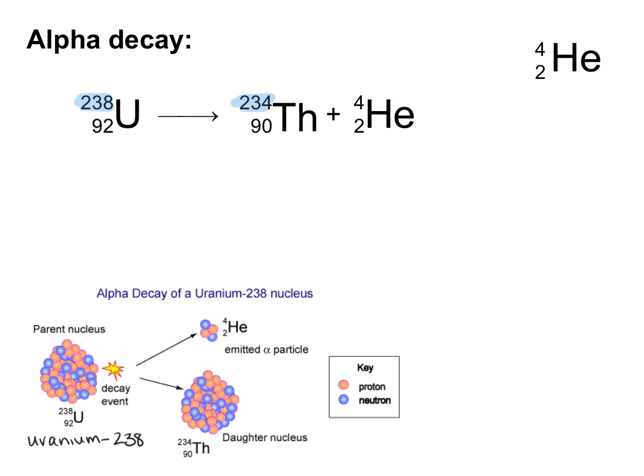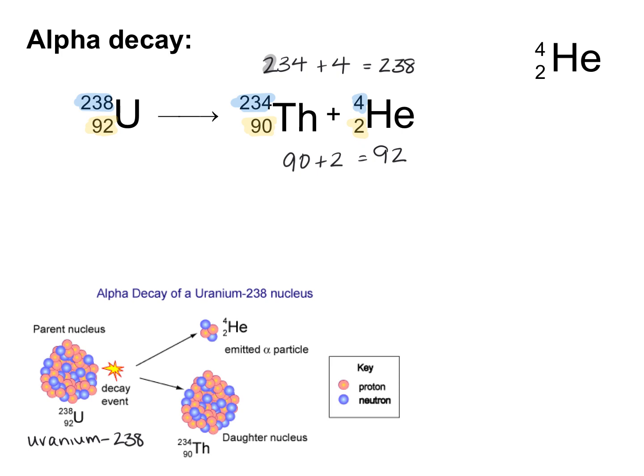And when you add 234 and 4, that gives 238. So those top numbers need to add up to equal each other on the different sides of the arrow. The bottom numbers also need to equal each other. So for example, if we look at the bottom number here, there's 92, 90, and 2. What you're going to see is that 90 plus 2 is 92.